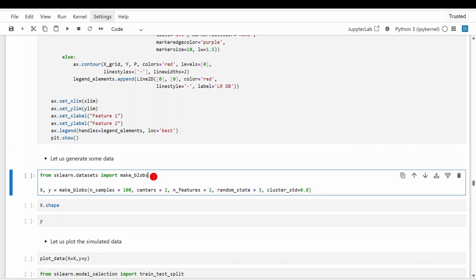So now for illustration purposes, let's generate some synthetic or artificial data. This data is going to be generated using the make_blobs function from the sklearn datasets. Let me run this.